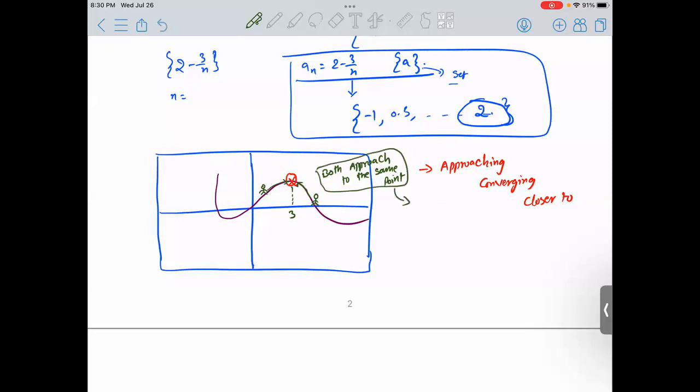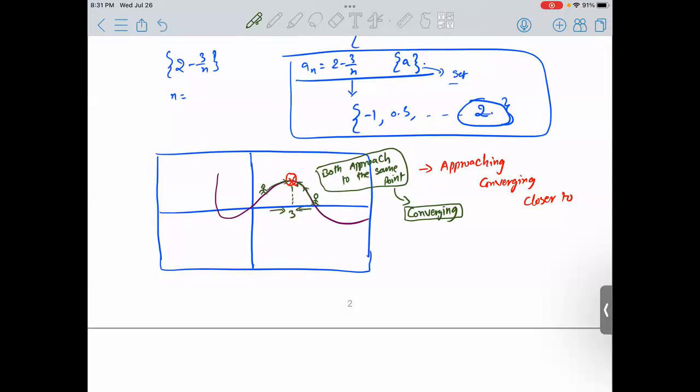Approaching. Converging. They are going to converge: left hand limit equals right hand limit. Why are we only caring about two directions? Because one is the decreasing direction and the other is the increasing direction.